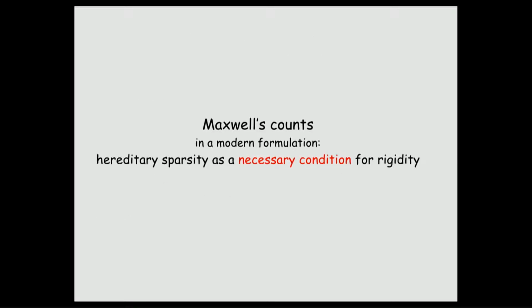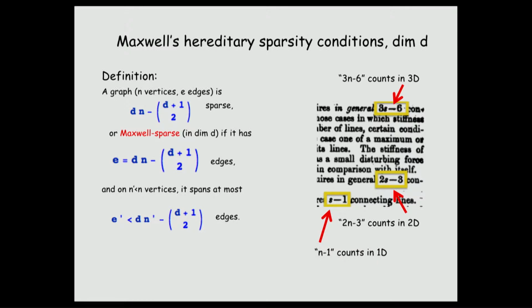And let's see. Maxwell's counts in a modern formulation can be expressed as a hereditary sparsity condition, and that acts as a necessary condition for rigidity. So here's the definition. We have a graph with n vertices and e edges, and we say that it is dn minus d plus 1 sparse, or Maxwell sparse in dimension d, if it has exactly that many edges, and on a subset of n prime less than n vertices, it spans a similar count with inequality.